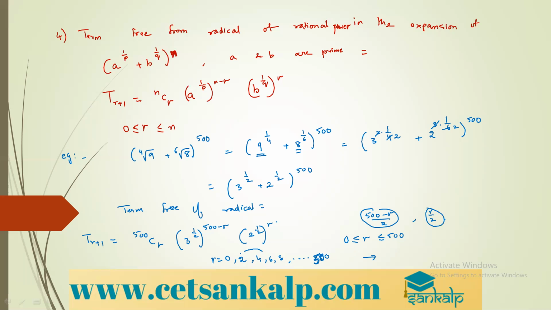From 1 to 500, half are even terms, half are odd terms: 250 even terms, 250 odd terms. I'm taking the even terms and then adding 0 to it. So there are 251 terms free of radical in this expansion in total.